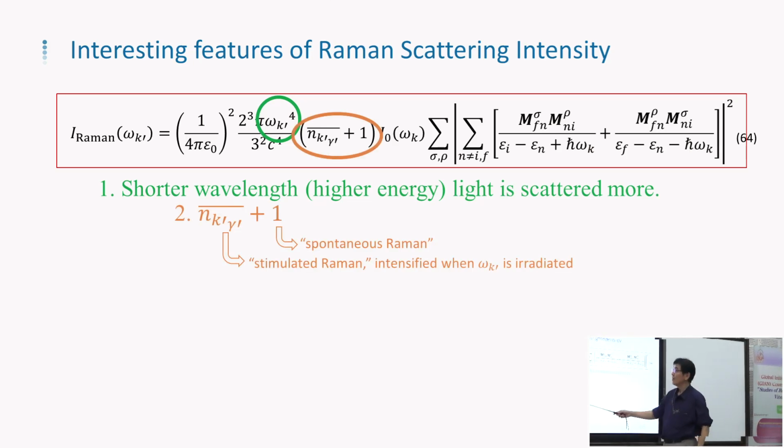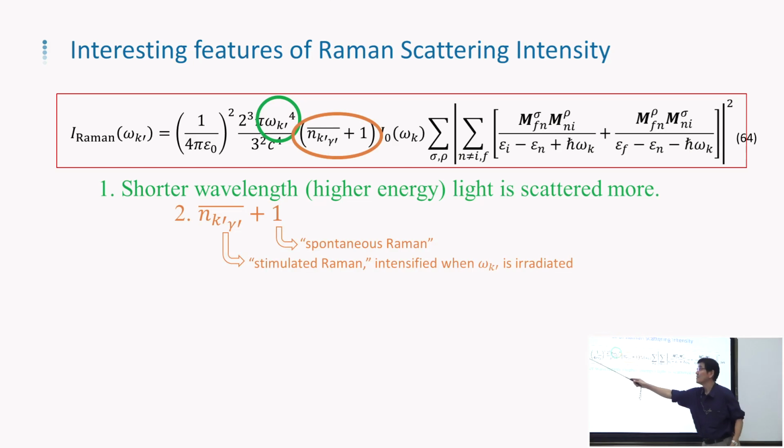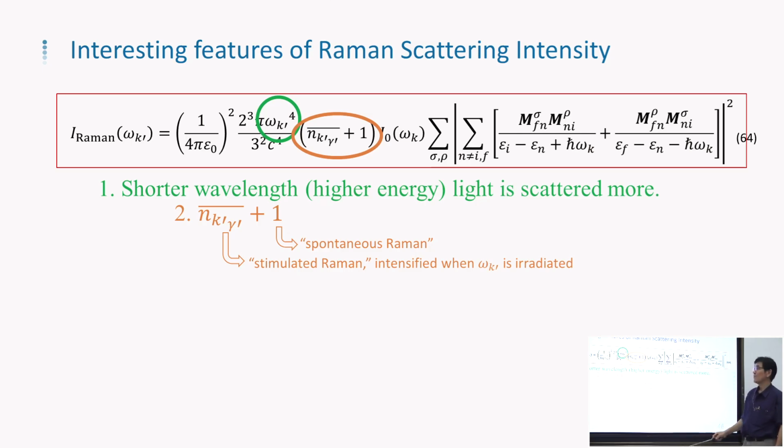Second point, Raman intensity is in proportion to n_k' gamma' bar plus 1. What are they? Again, k' gamma' indicates the wave number vector and polarization of the scattered light. And the Raman intensity depends on the number of photons of the scattered light. What does it mean?